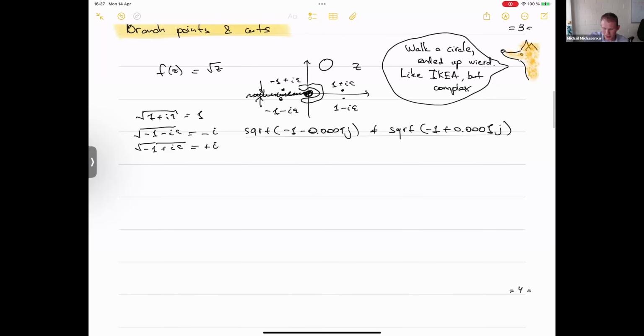So the line is simply an indication for us that there is a discontinuity. The line itself is called the branch cut. And the heavy point is a branch point.